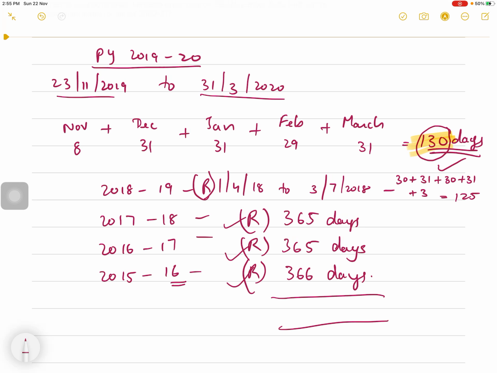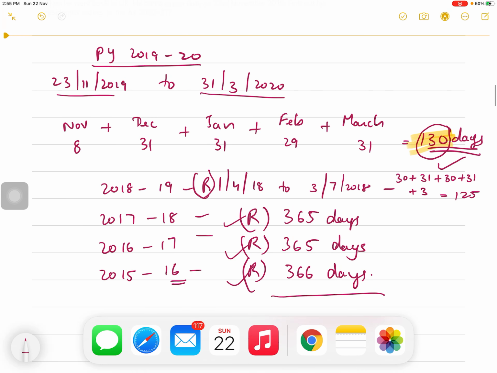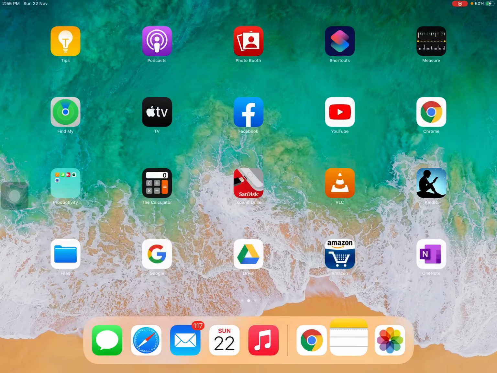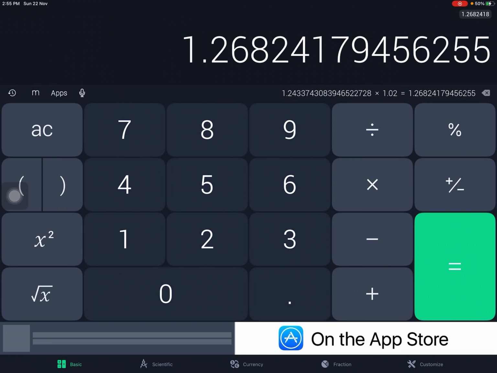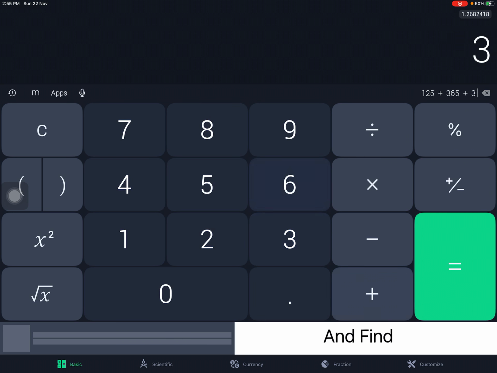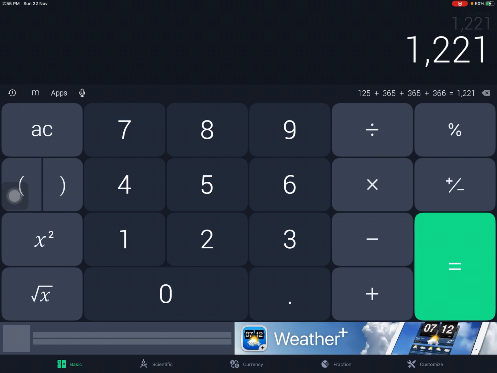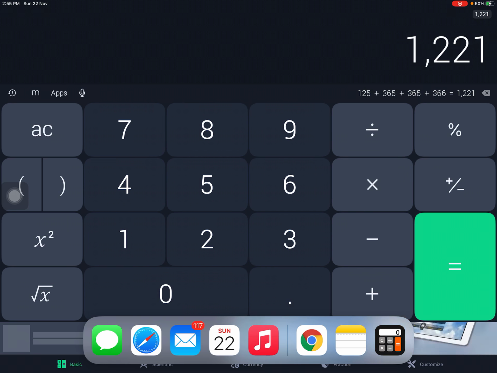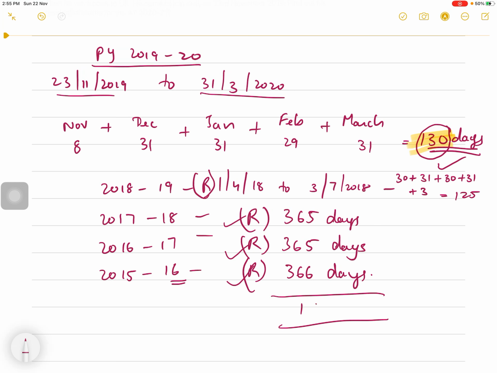And the second additional condition, that during 7 years preceding the previous year his stay in India should be more than 730 days. In this case also the total is more than 730. When you total the number of days, which is 125 plus 365 plus 365 plus 366, it is more than 1000, 1221 days.